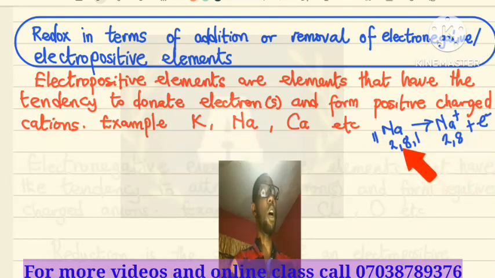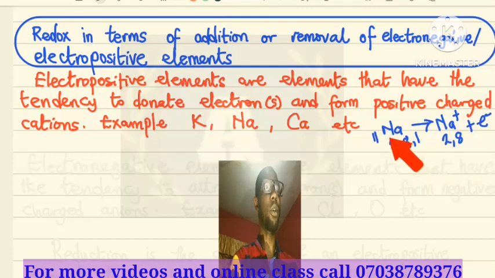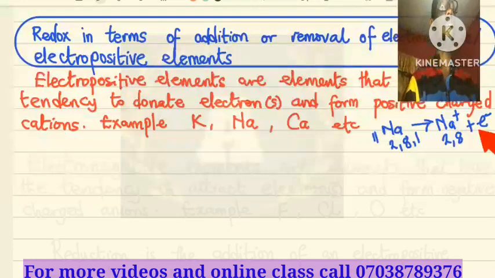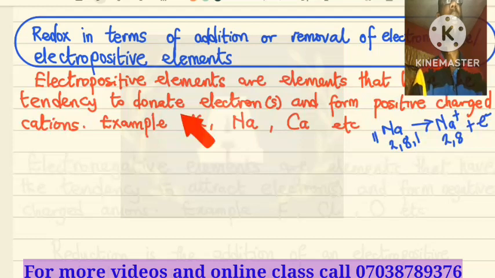Which means sodium is an electropositive element. It has formed a positively charged ion because it loses one electron. So those elements that can donate electron to form positively charged ions are known as electropositive elements.